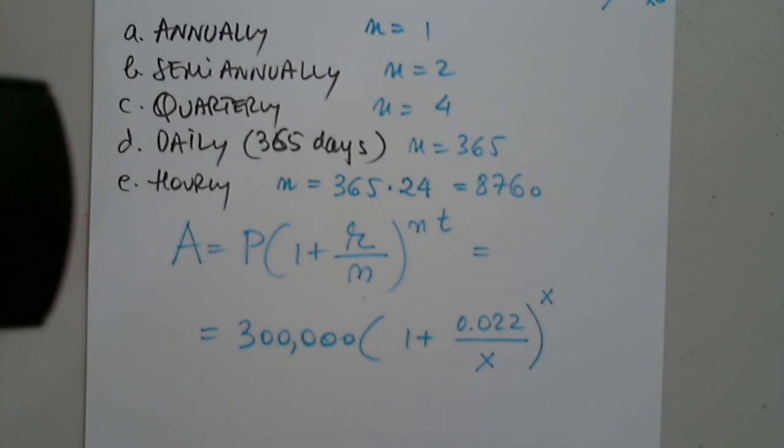And we are going to punch in those n's. They are x because the calculator doesn't have n. So I want 1 and enter. I want 2 and enter. I want 4 and enter. I want 365 and enter. And I want 8760 and enter.